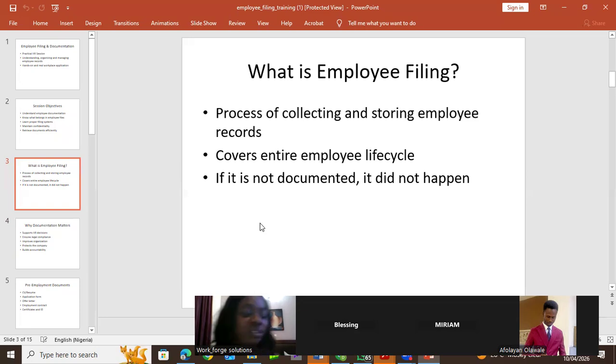So, like I said, employee filing is not just when employees are new, when they just got into the organization. That's not all. Throughout the employee's life cycle, from day one till the day he or she leaves, there's something to add to the file.